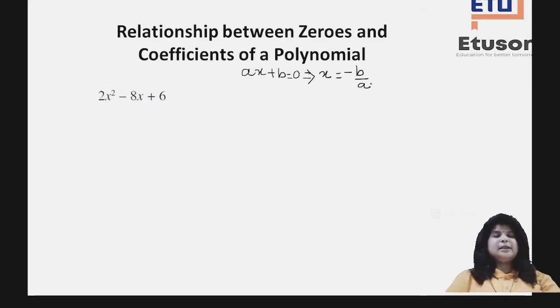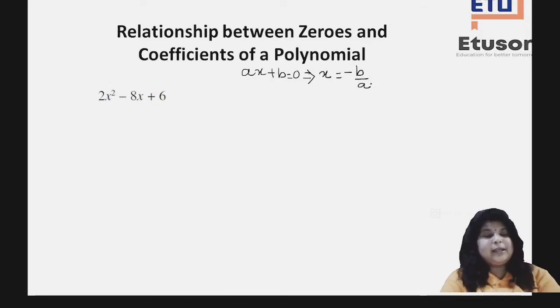This is the relationship between the coefficients of the polynomial in case of a linear polynomial. Today we are going to find out the relationship between the zeros and coefficients of the quadratic polynomial. For that reason I have taken a quadratic equation for you.